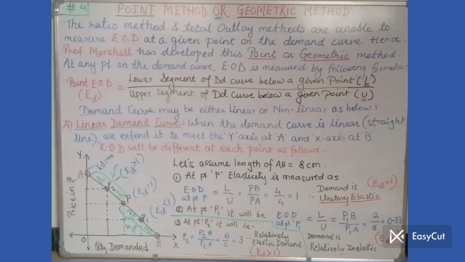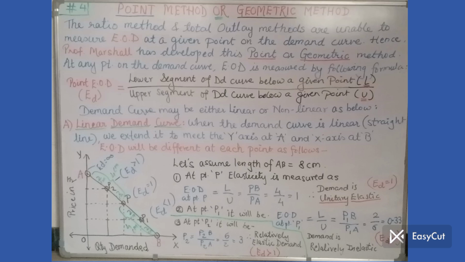Now let us continue. First case, at point P, we are measuring elasticity of demand. So simple formula, as I told you, the formula will be the same everywhere, lower segment upon upper segment. So elasticity of demand at point P is equal to L upon U. In this case, since we are measuring at point P, the lower segment becomes PB and the upper segment becomes PA, which I have written clearly on the board.